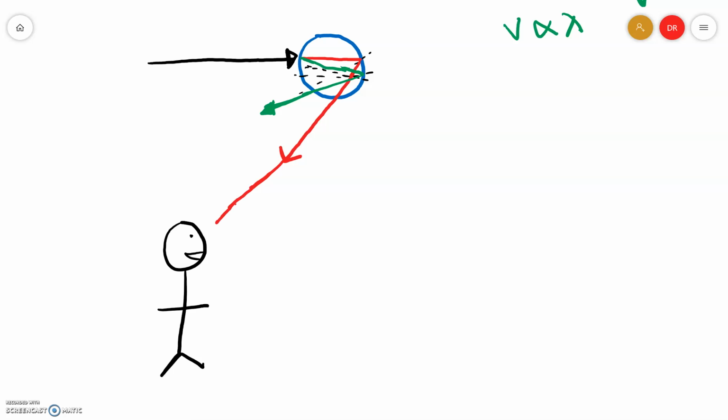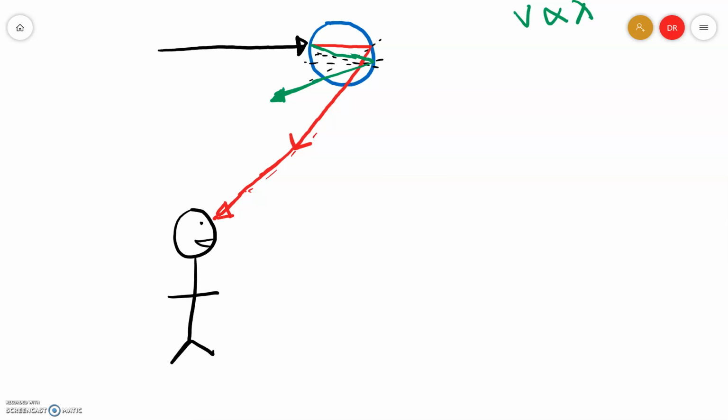But this hits the eye of the observer, which is going to cause us to see red light up here. And I'm going to draw the separation of this a bit dramatically. It's not this dramatic in real life, but I want us to be able to visualize this.